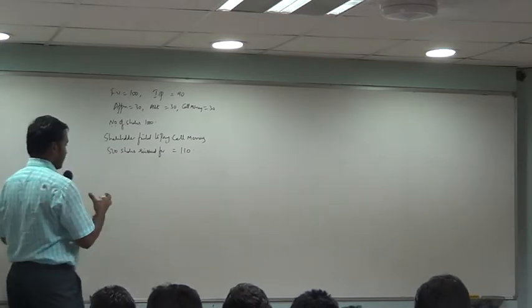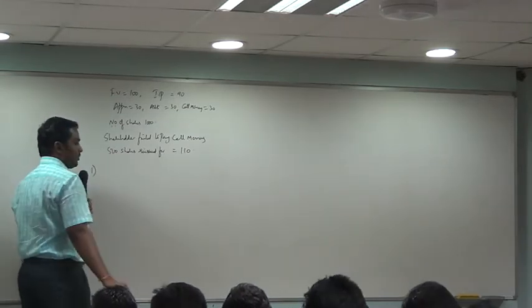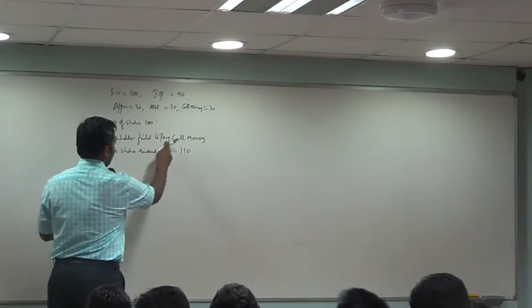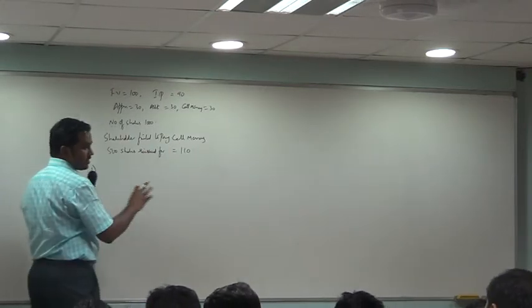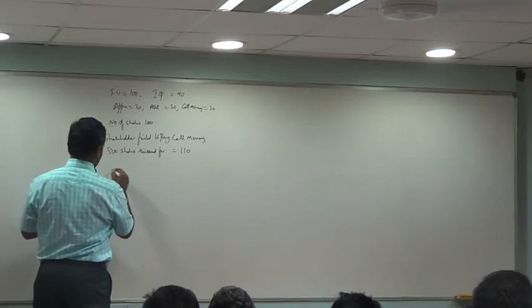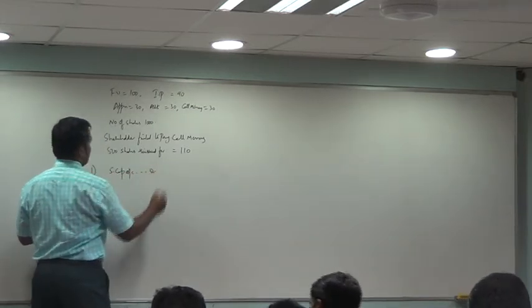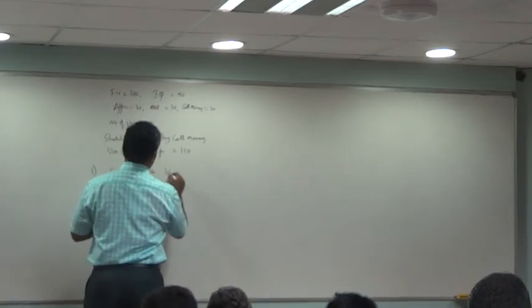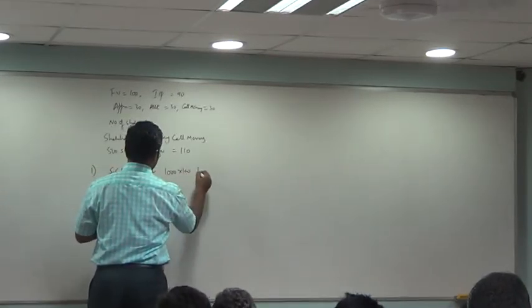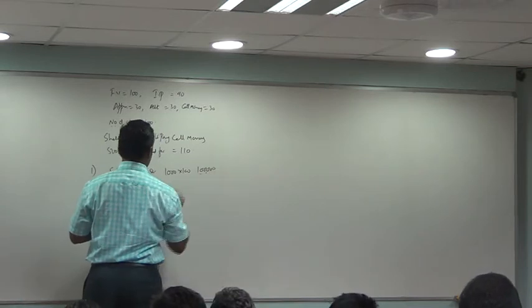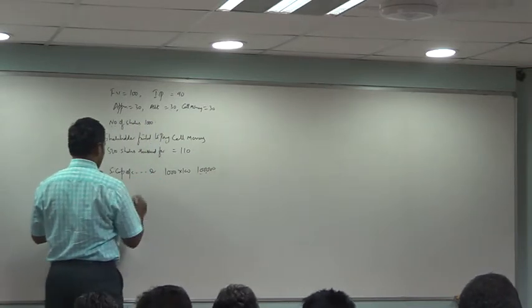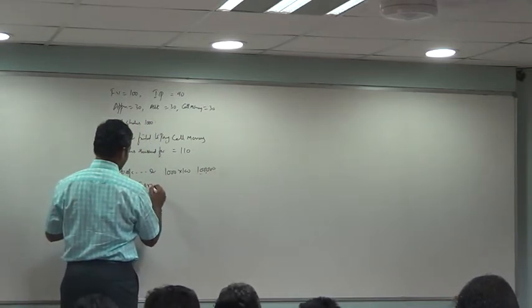Same forfeiture entry we pass. How much have we called? Shareholder failed to pay call money. That means the shares are fully called up. Share capital account debit, 1000 into 100, 1 lakh. To calls in arrears.